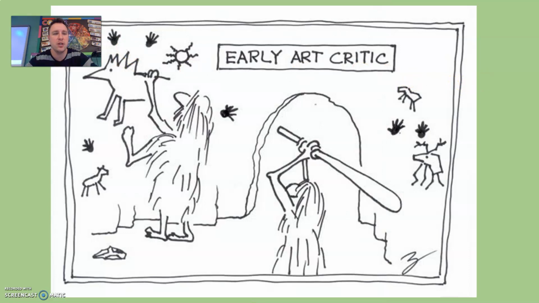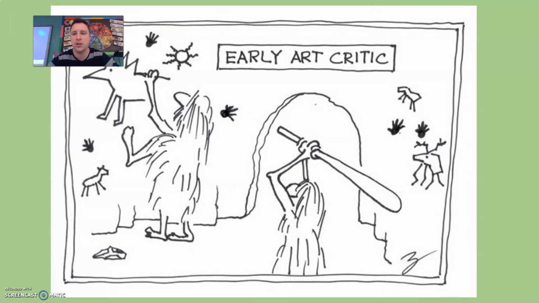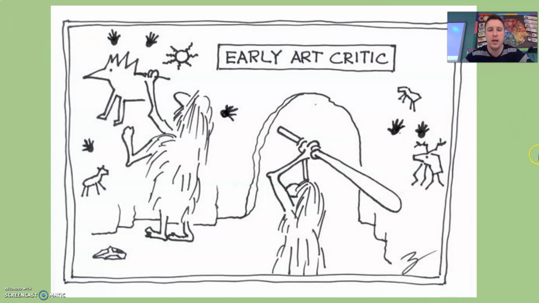So here's another image called the Early Art Critic. It's another caveman work. I don't know if the caveman on the bottom right is angry at the other caveman for drawing some kind of Sonic the Hedgehog looking character on his wall, or he just really doesn't like it that much that he's going to resort to physical violence.